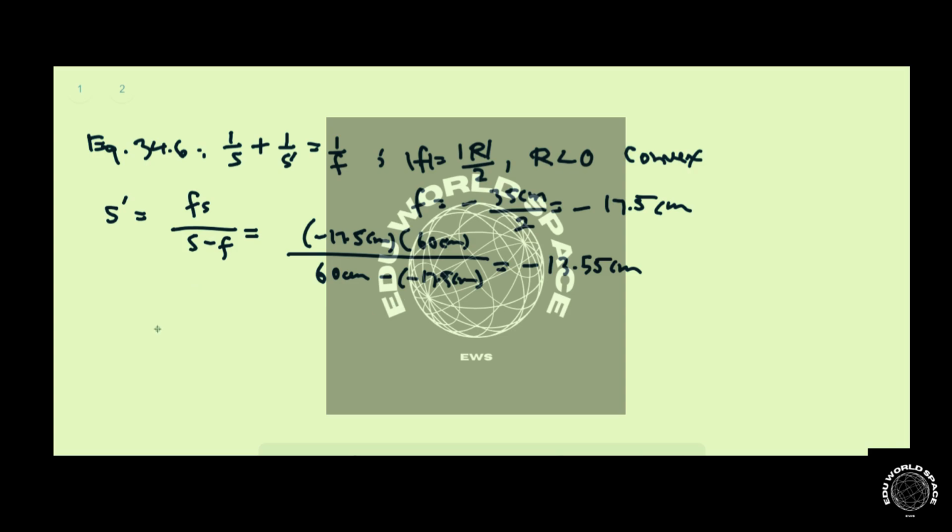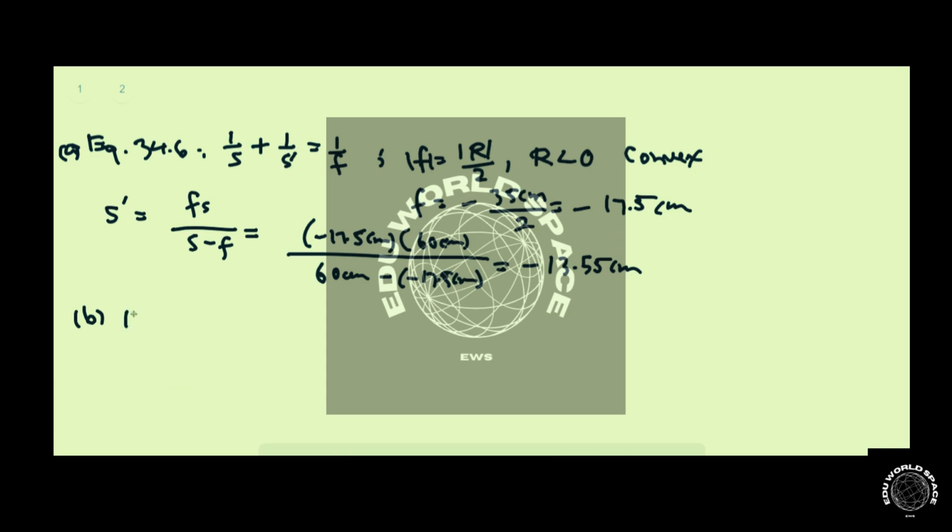And then in part B, we're asked what are the image's size, orientation, and nature. So nature refers to whether it's real or virtual. So this is part A. And part B now. Let's tackle the size of the image.